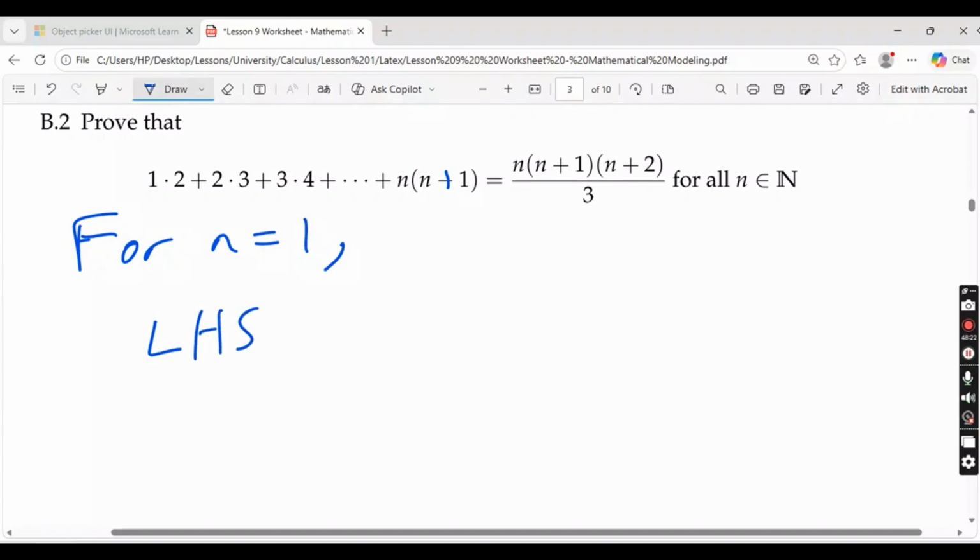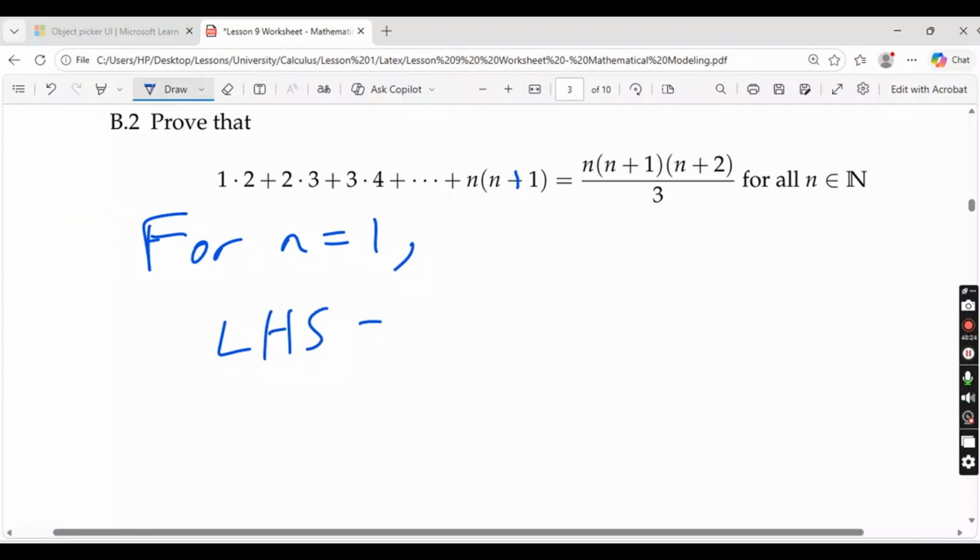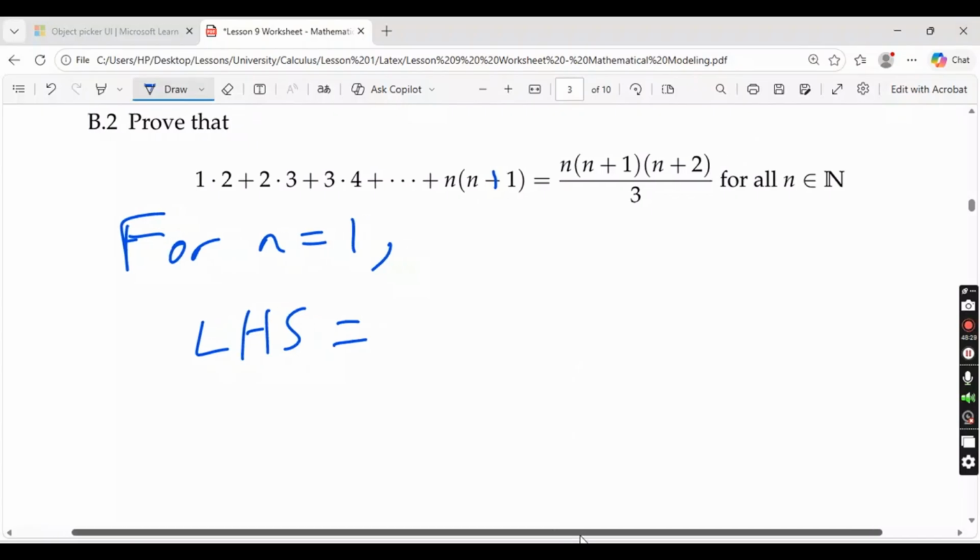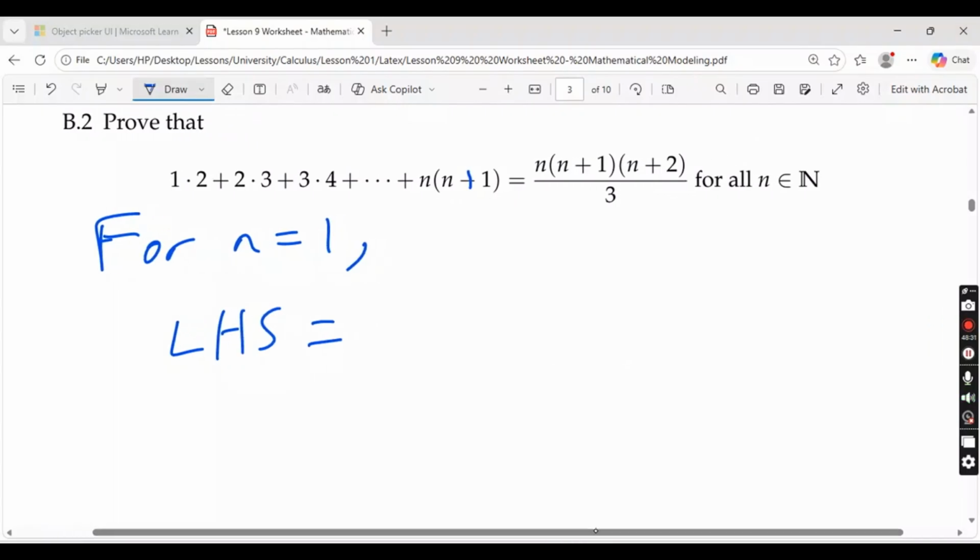Left-hand side is equal to 1 times 1 plus 1. Then what do we get overall? 2. Cool. So we've proven the left-hand side. Let's prove the right-hand side.